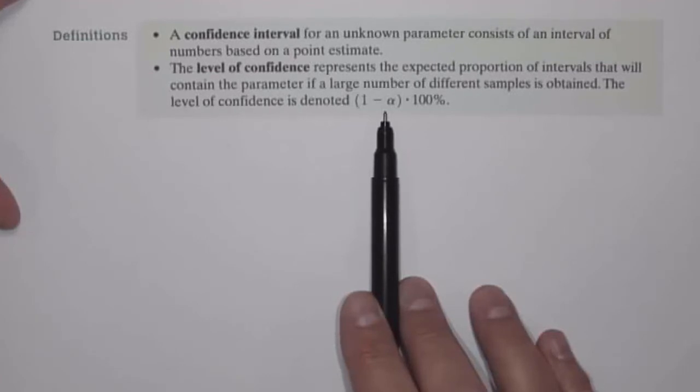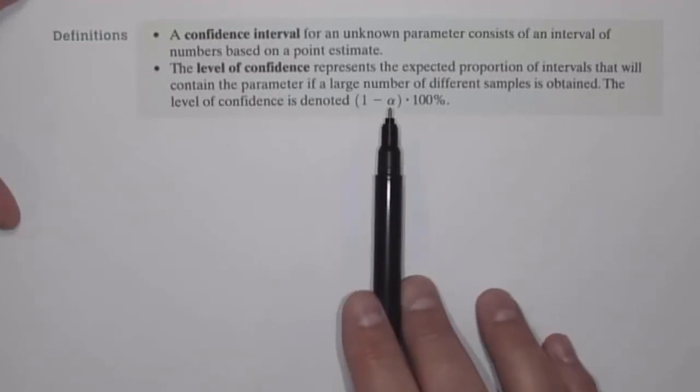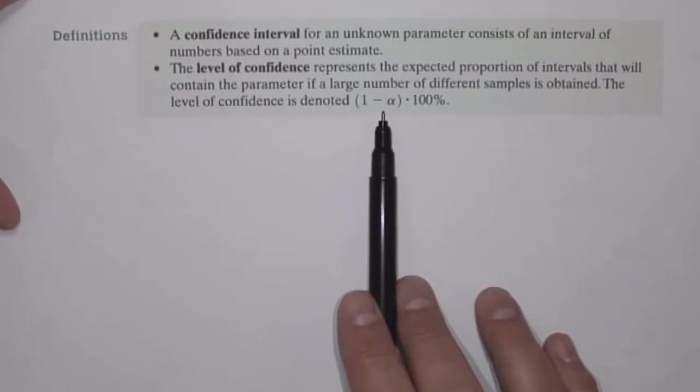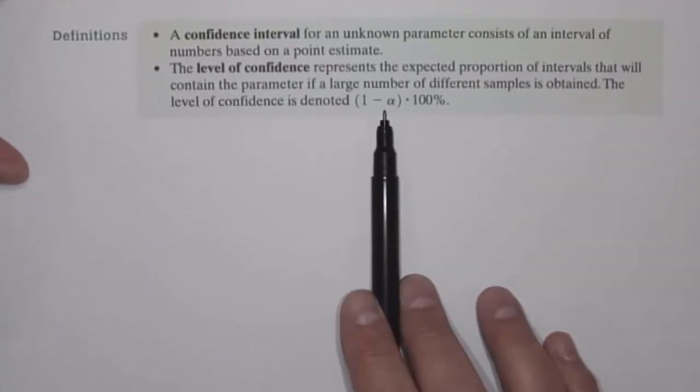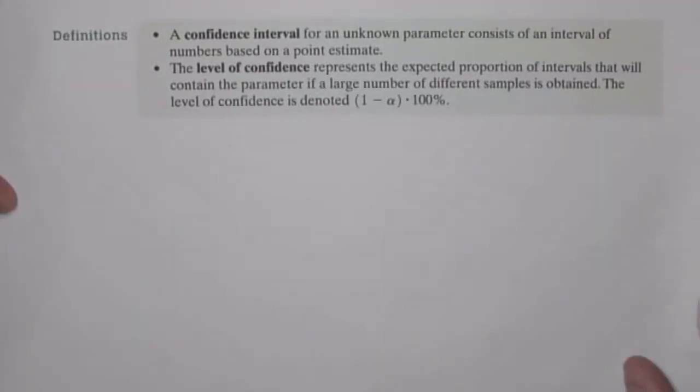So if we're doing 95% confidence, then 95% of the time the interval we end up with will capture the true parameter. But 5% of the time, the confidence interval we obtain would not capture the true parameter. So let me give an illustration of this.